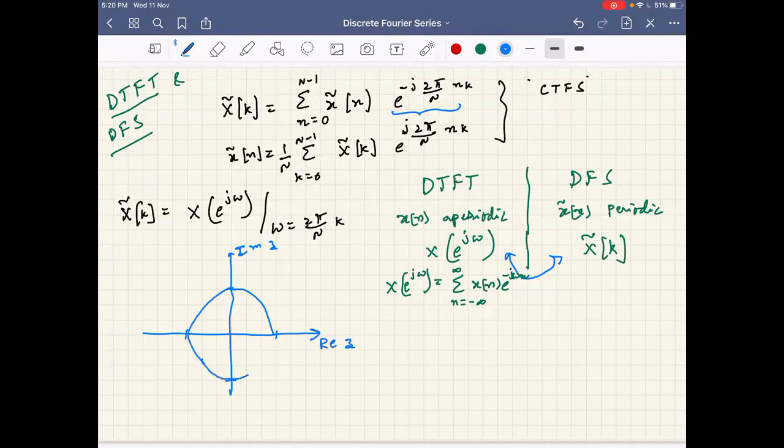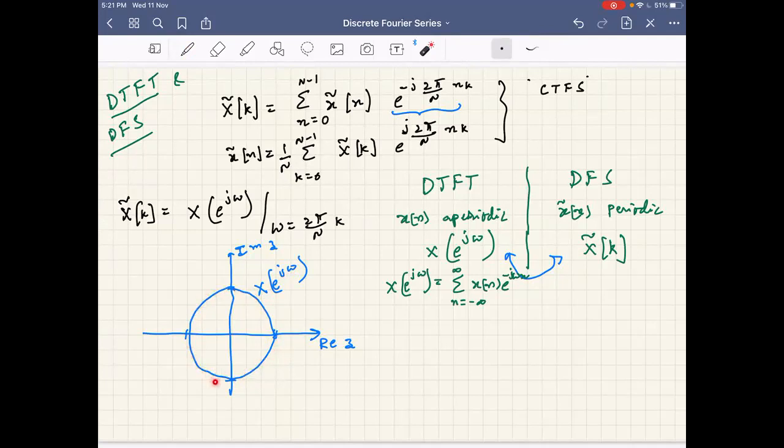So if you write X of e power j omega, the magnitude of X of e power j omega can be on the z axis here, which is not shown, which pops up from each of the locations on the unit circle.